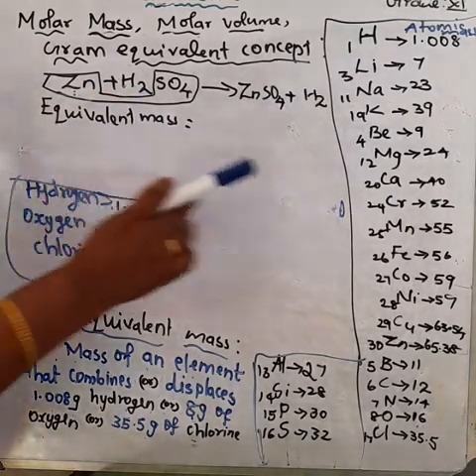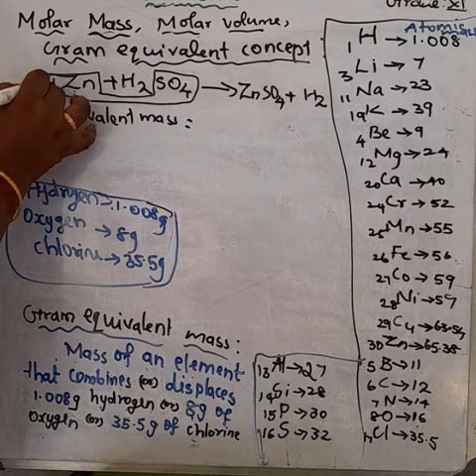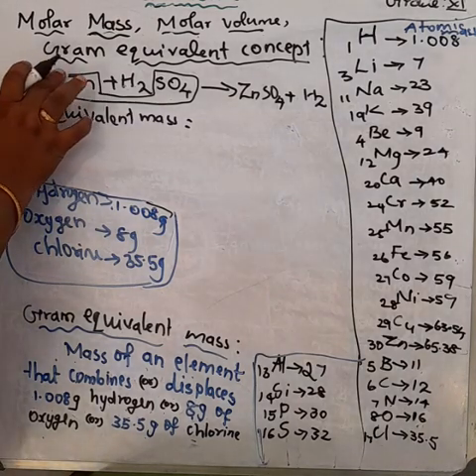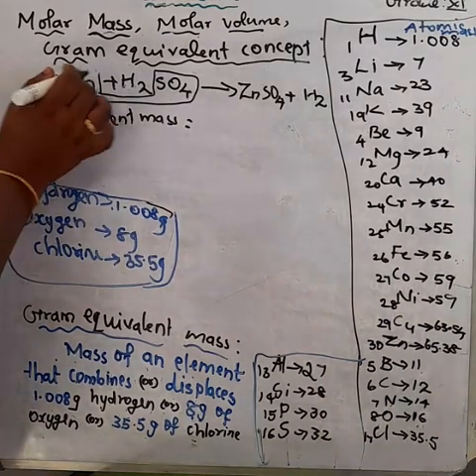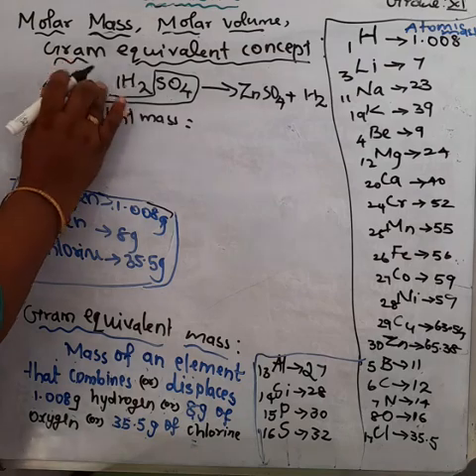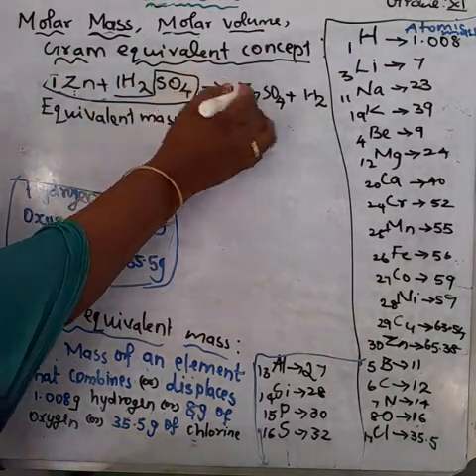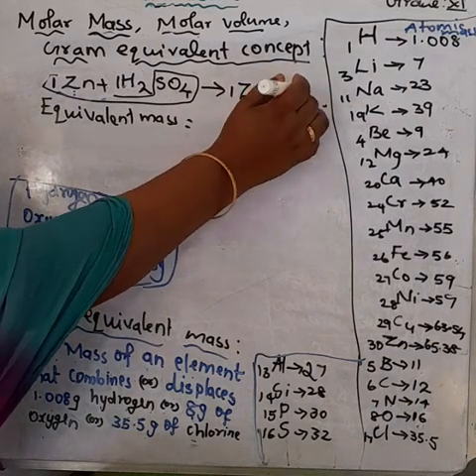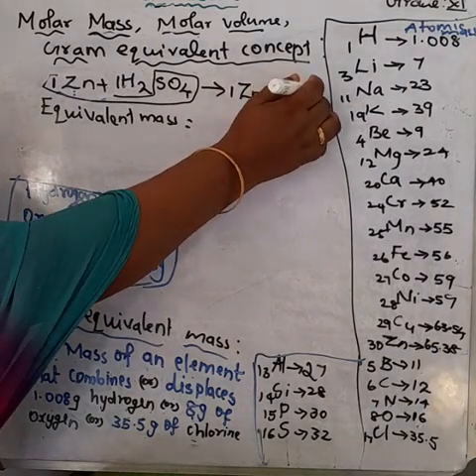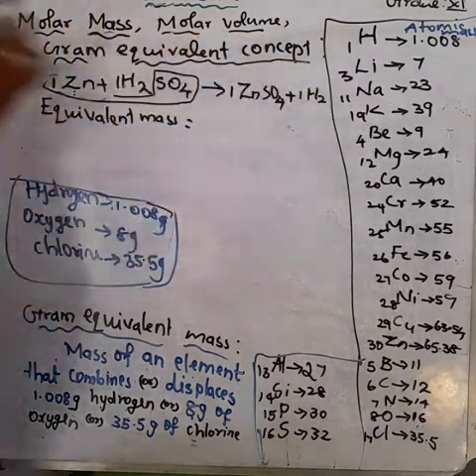In this reaction there are no numbers given, so we consider 1 mole of zinc. It reacts with 1 mole of H2SO4 and forms 1 mole of zinc sulfate and 1 mole of hydrogen, sorry, hydrogen, not water.